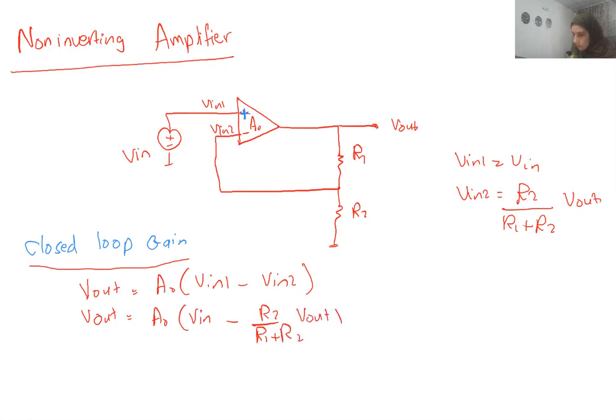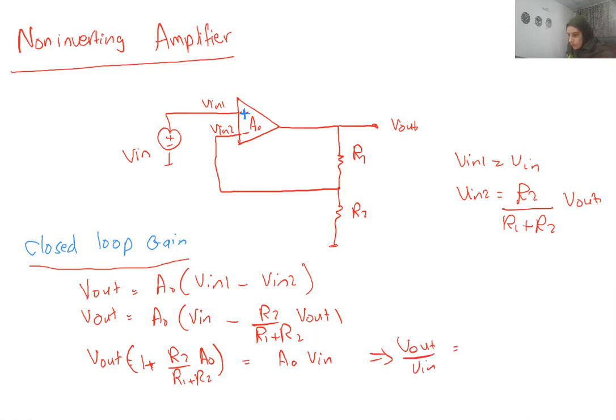Rearranging, we get V out times 1 plus R2 over R1 plus R2 times A0 equals A0 times Vn, and therefore V out over Vn equals A0 over 1 plus R2 over R1 plus R2 times A0.